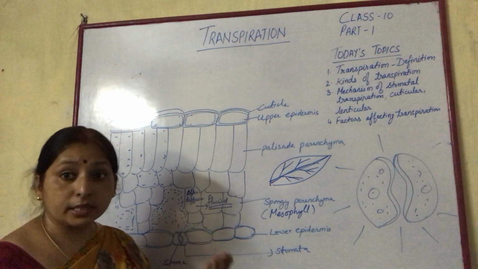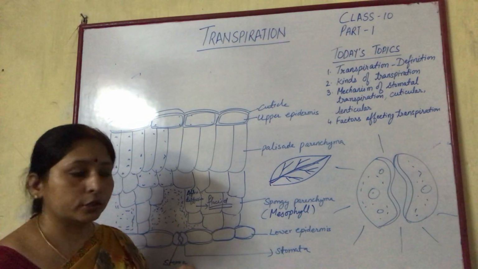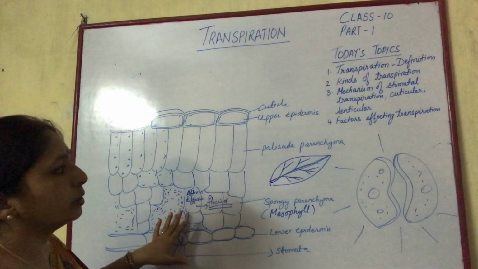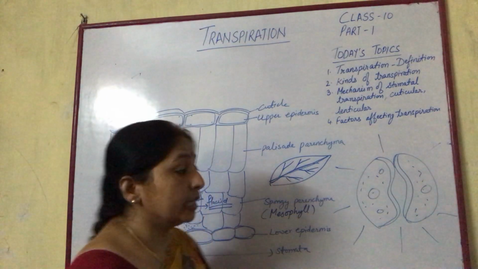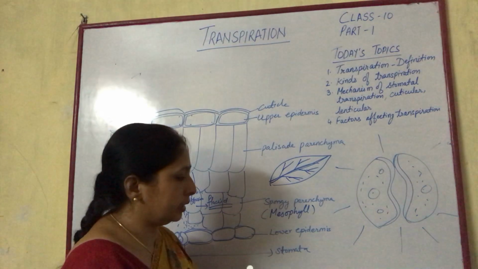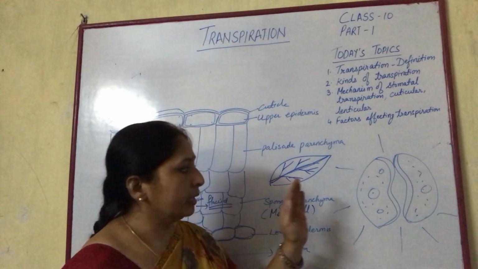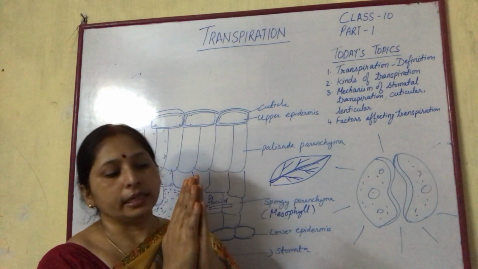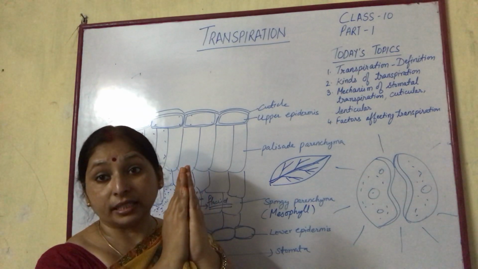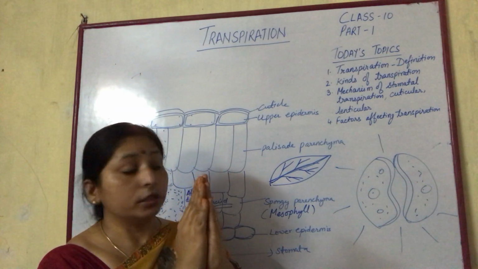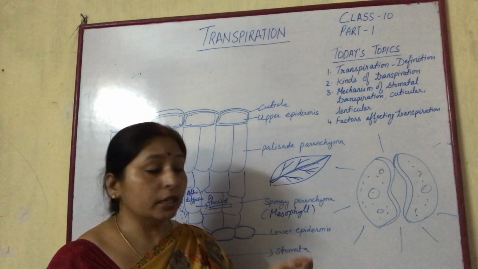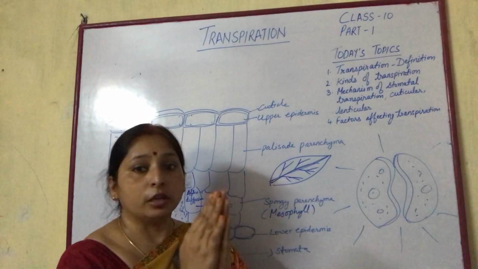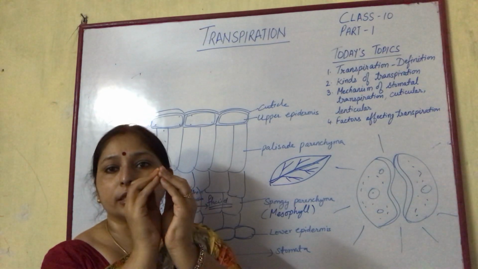When the water vapors are released, the stomata closes. So this is the mechanism of stomatal transpiration through the guard cells. Guard cells are bean shaped. When they are in the flaccid condition and draw water, the outer thin wall bulges out. Bulging of the outer thin wall results in opening of this.